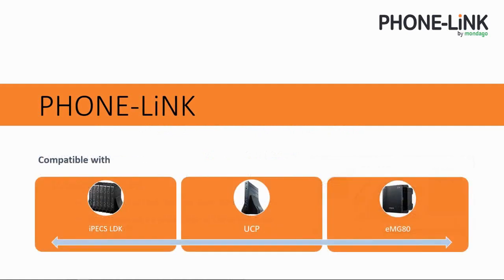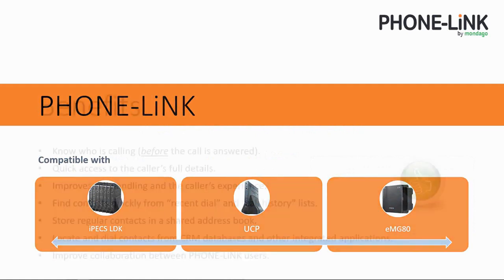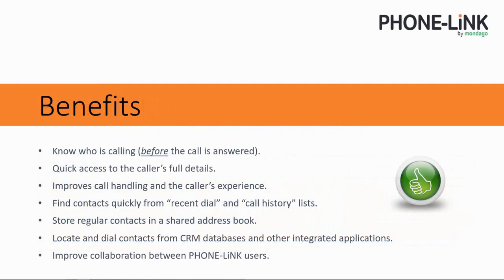PhoneLink software is compatible with the IPEX LDK, the UCP, and the EMG80 PBXs. Some of the benefits of the PhoneLink software is that it will allow the user to know who is calling them even before they've answered the call.